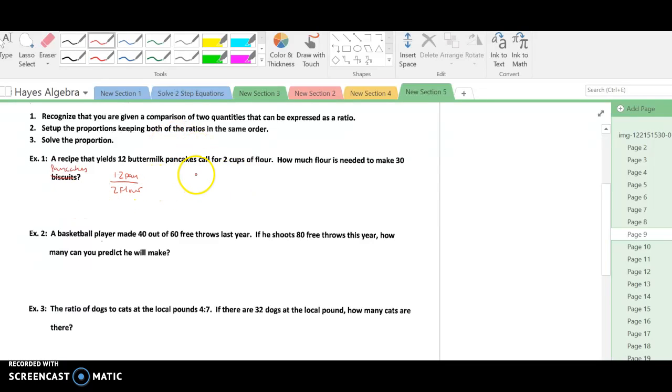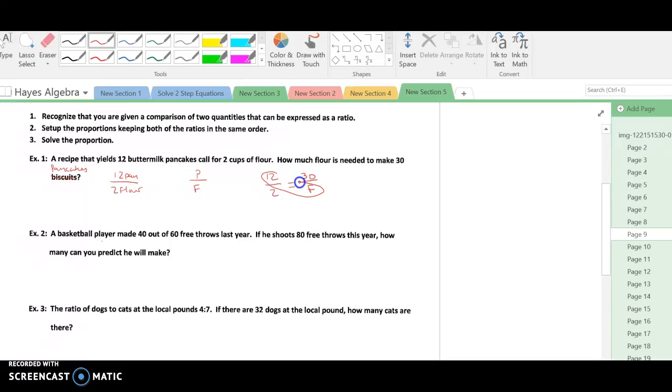So our order is going to be pancakes to flour. Now, if you flip that order, that's all right, but you have to keep both ratios in that order. So 12 pancakes to 2 cups of flour equals 30 pancakes to how many cups of flour?